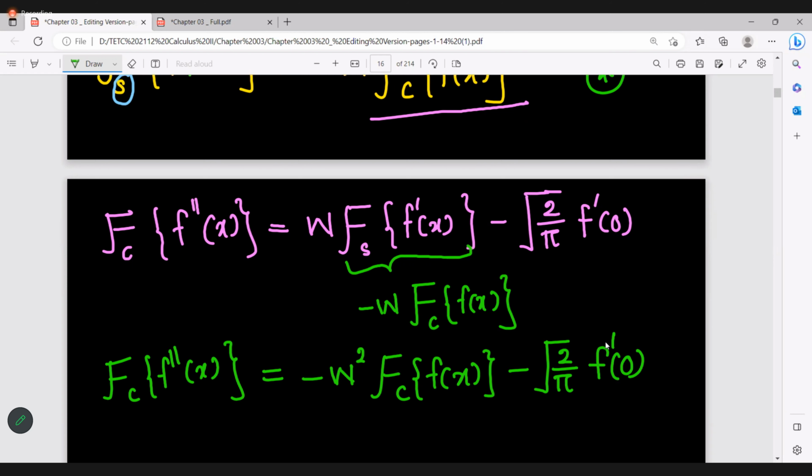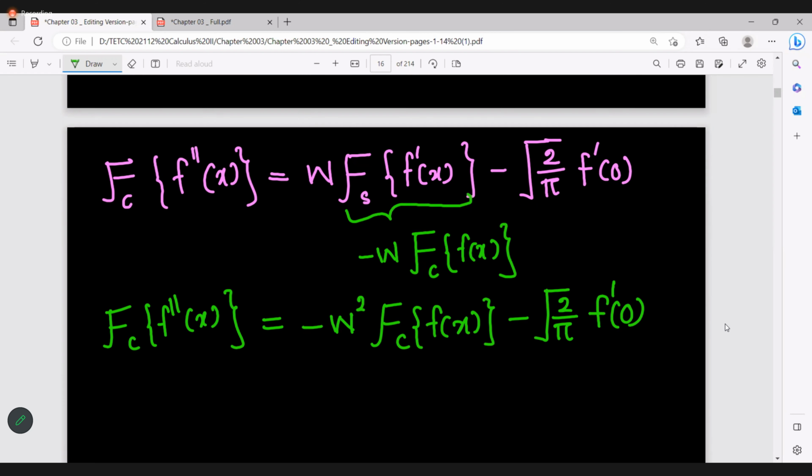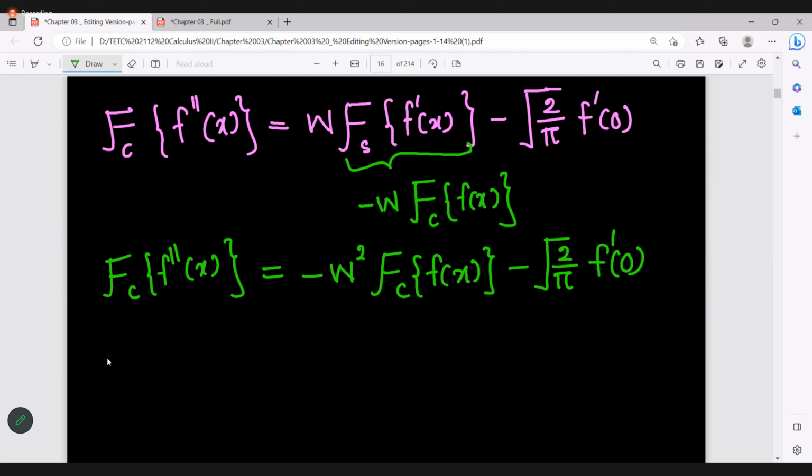So using a similar way, try to obtain the expression for the Fourier sine transform of the second derivative as well, the Fourier sine transform of f double dash x.